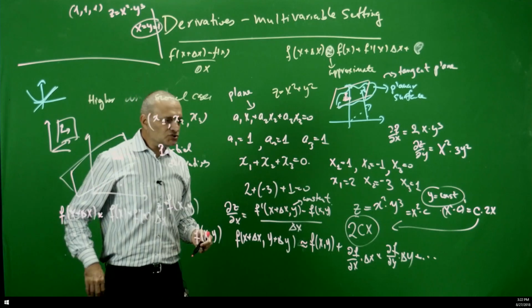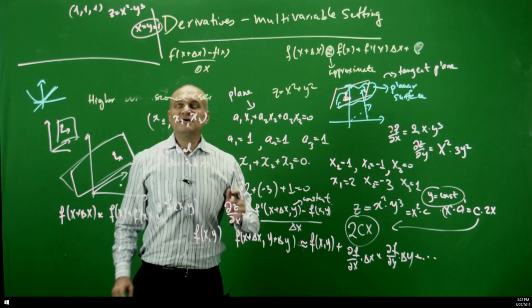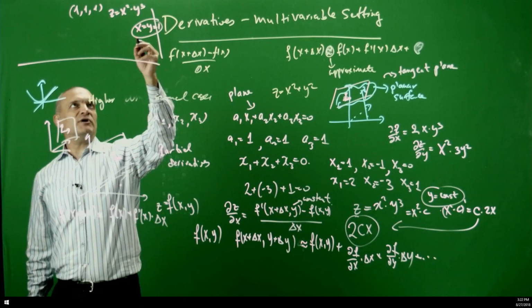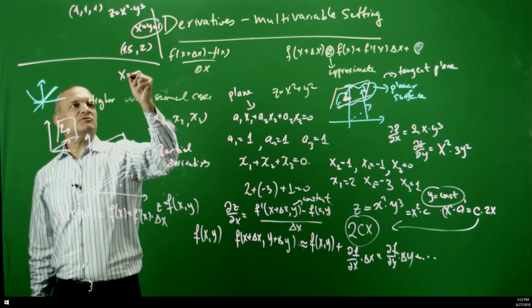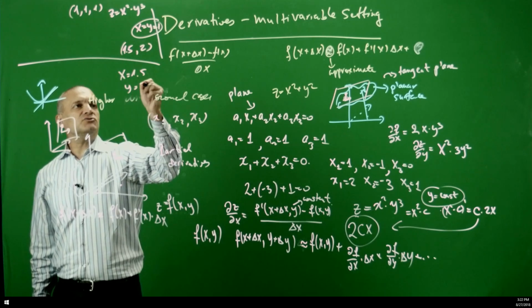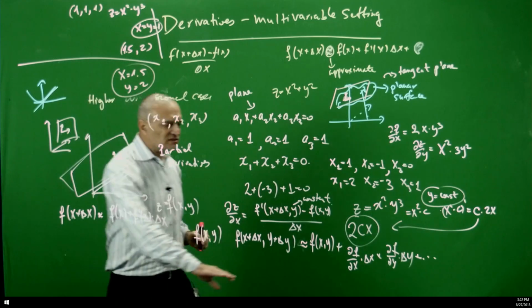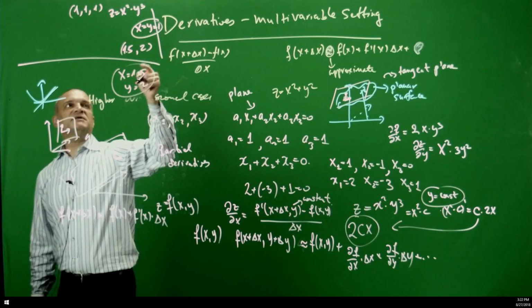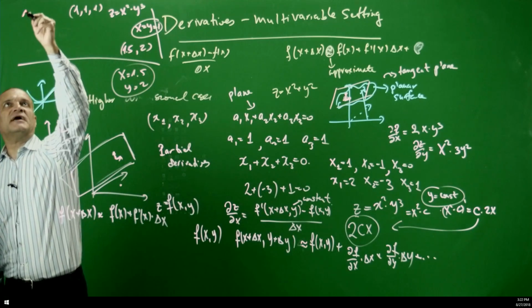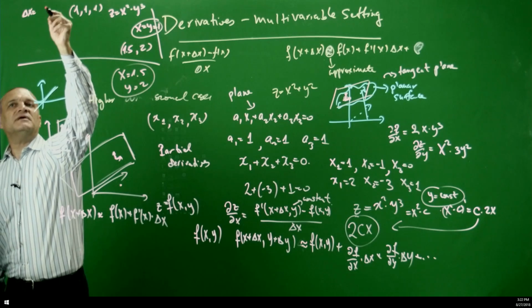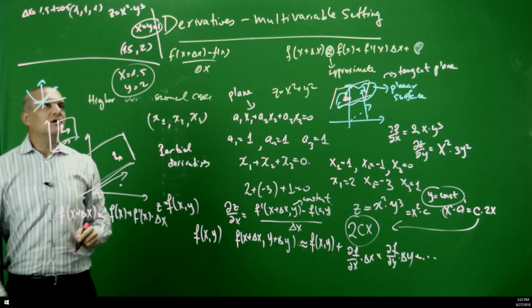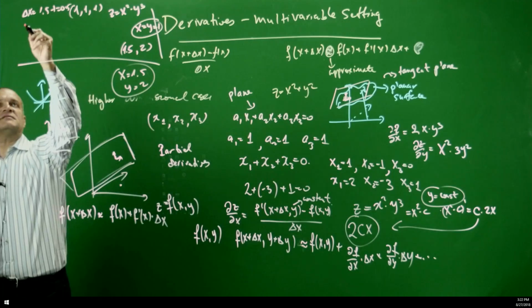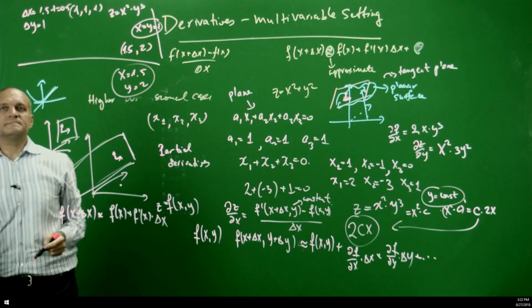And now you want to approximate the point 1.5, 2. So x equals 1.5, y equals 2. How do you use this formula to approximate it? Well, it's easy peasy. What is delta x? Delta x is going to be 1.5 minus 1, which is 0.5. And delta y is going to be 1, right?